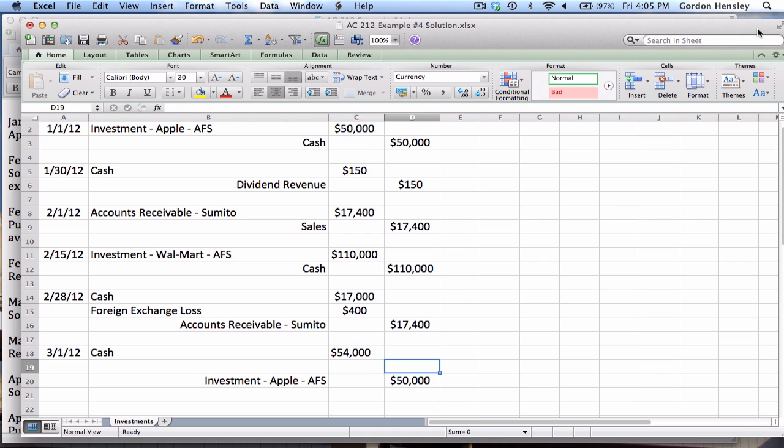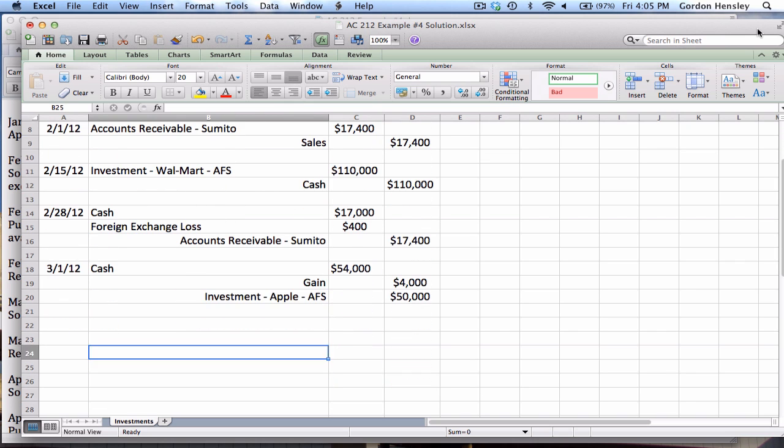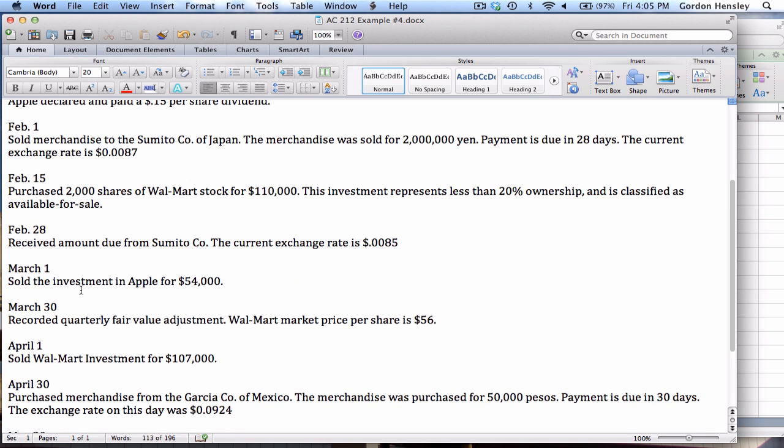So that's a difference of $4,000, and that's good for me. That difference is actually a gain. We actually made $4,000 by selling it. Remember, if you have gains, they're always on the credit side. If you have losses, they're always on the debit side. Always remember that. That's true for any situation. That can be a very helpful thing to remember. So that takes care of that transaction on the 1st.